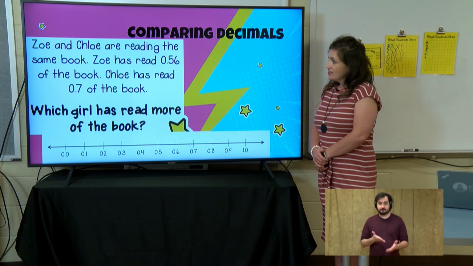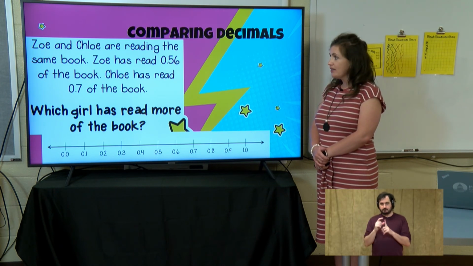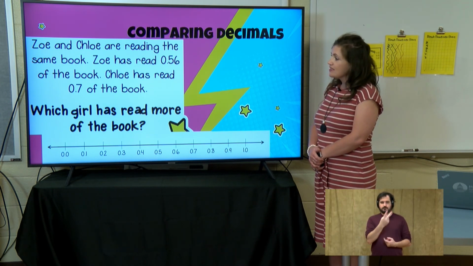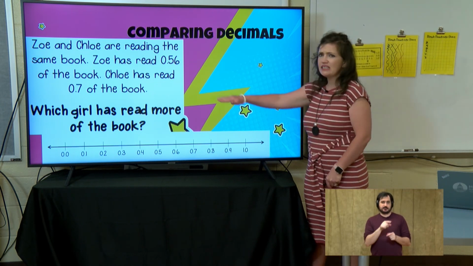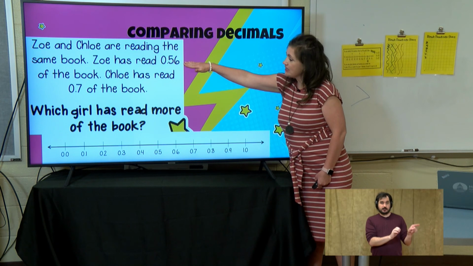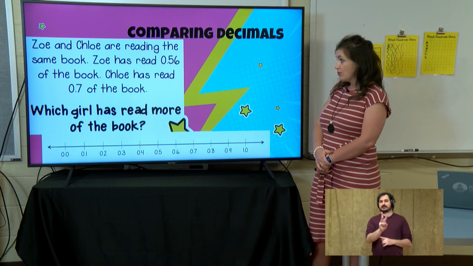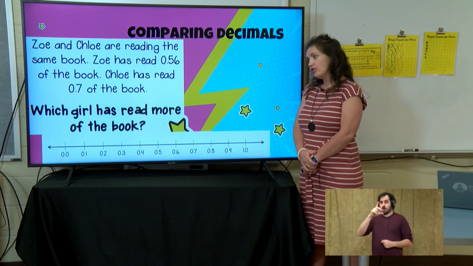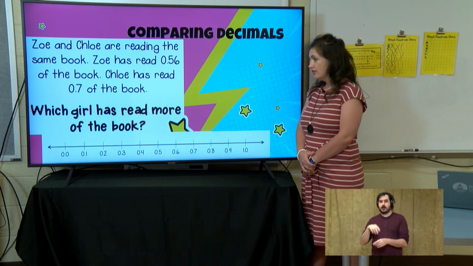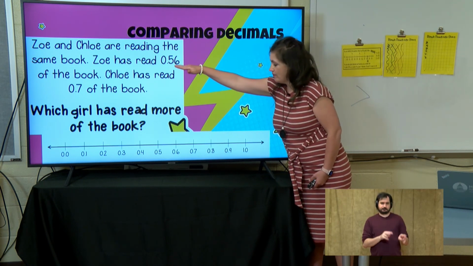All right, so let's look at this word problem. Zoe and Chloe are reading the same book. Zoe has read, can you say that decimal? 56 hundredths of the book. Chloe has read 7/10 of the book. Which girl has read more of the book? Well, let's look at Zoe. All right, she's read 56 hundredths.